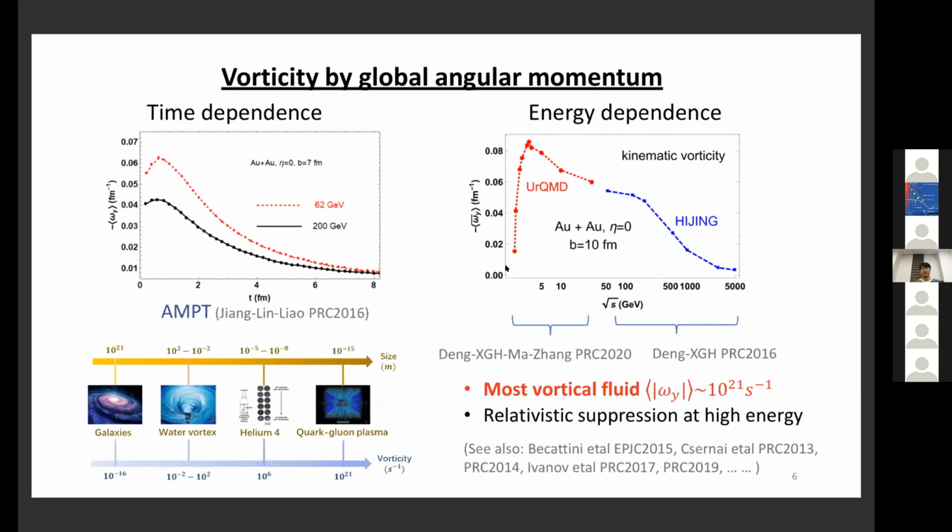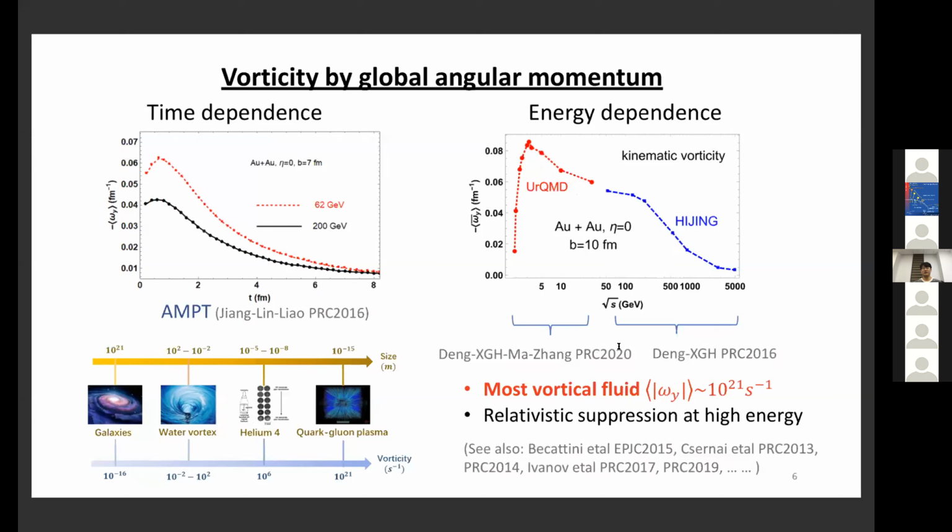Very interestingly, you can see that when the colliding energy is small, this vorticity roughly goes up with the energy, simply because if you have a higher energy, you have a higher total colliding angular momentum, so the vorticity could be larger. However, when the energy goes to very large, namely if it is larger than about 10 GeV, then the vorticity actually drops if the colliding energy increases.